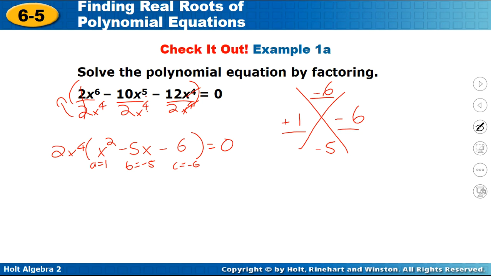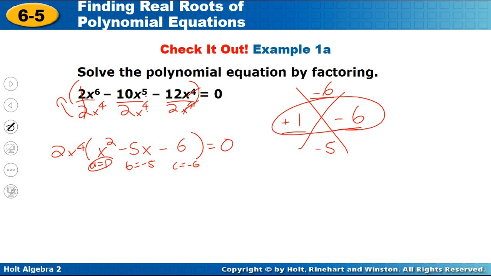Because positive 1 times negative 6 is negative 6. But positive 1 minus 6 is also negative 5. So these are my results. And since a equals 1, these are also my factors. So I'll write this as 2x to the 4th, of course, and x plus 1 and x minus 6.